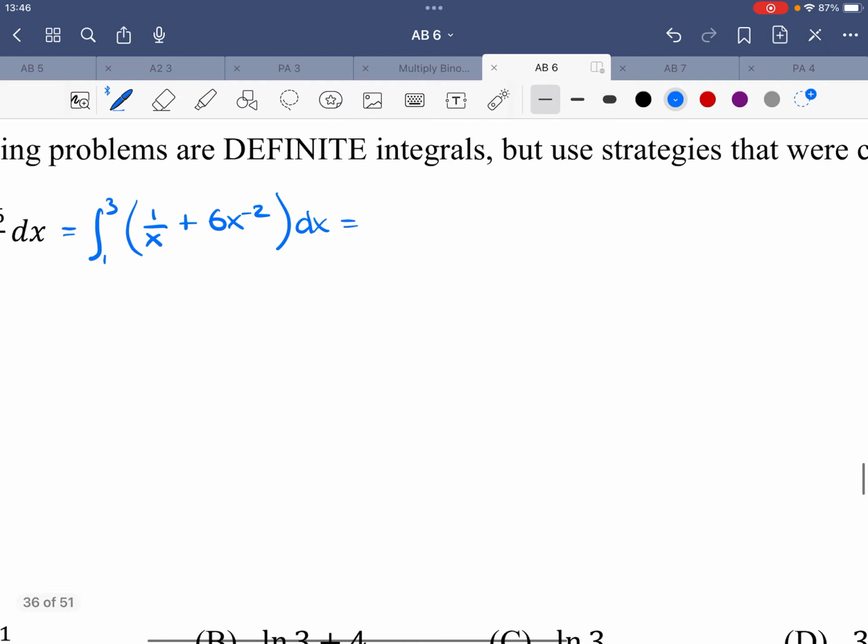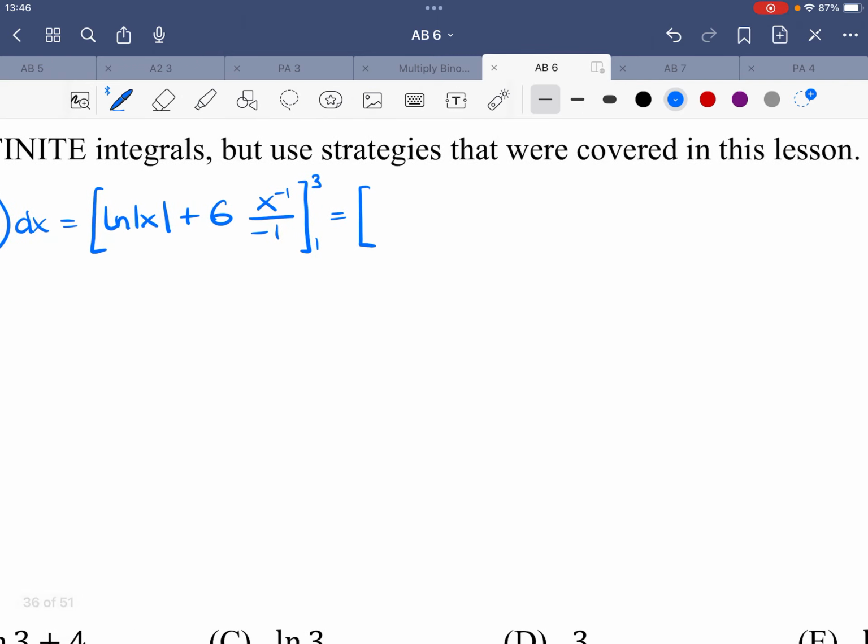So this is going to be equal to the natural logarithm of the absolute value of x plus 6 over x to the negative 1 over negative 1. And here I don't need a plus c because what we're going to do is evaluate this between 1 and 3.